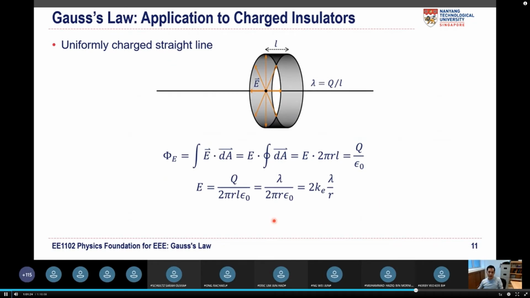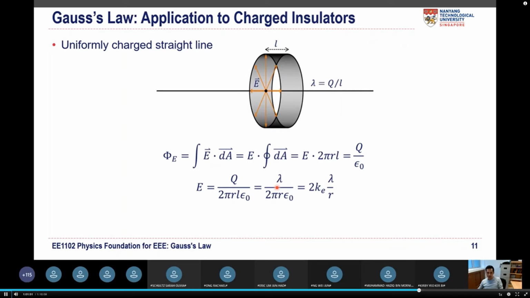Okay, and then how do we calculate the Q enclosed within this cylinder? That's going to be given by the uniform charge density. Because this is a uniformly charged straight line, we can use lambda, the uniform line charge density.